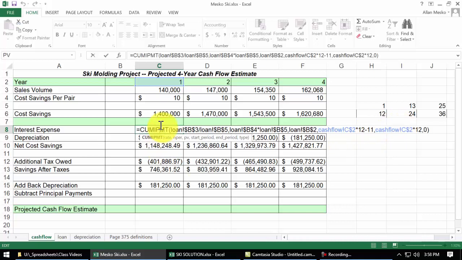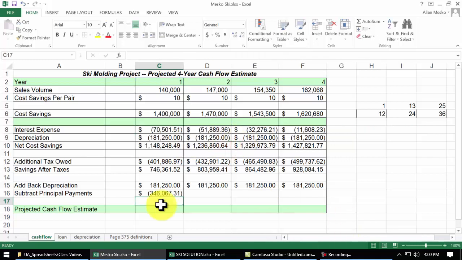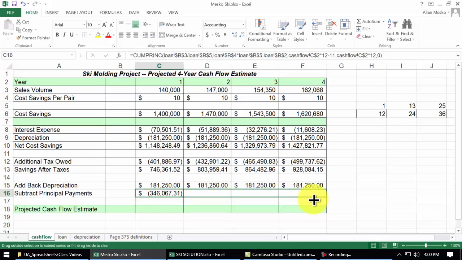The cumulative interest payment, notice what are the parameters? Rate, NPER, PV, start, end, and type. And now we can copy that formula to the other columns, and that is subtracting the principal that we're having to pay on the loan.